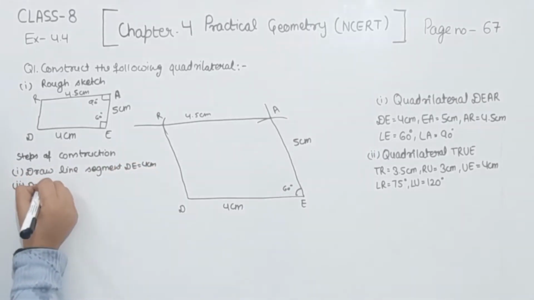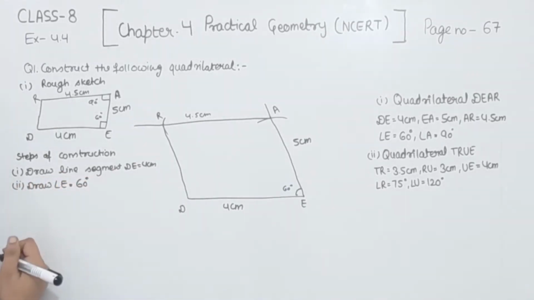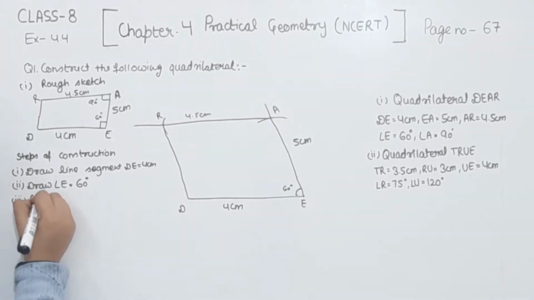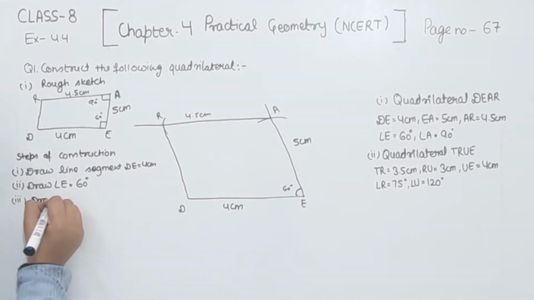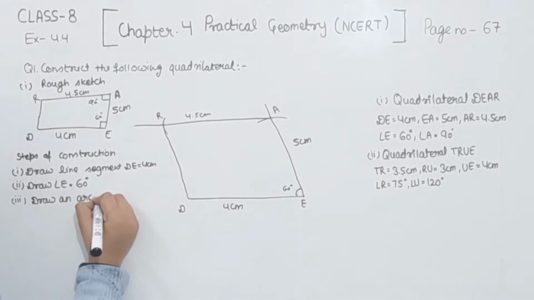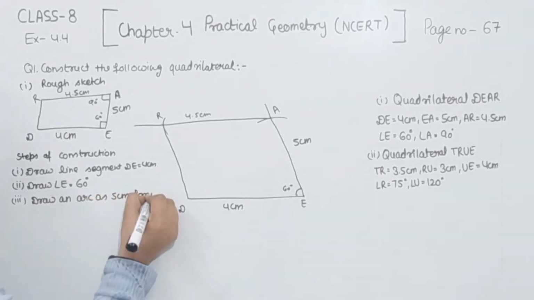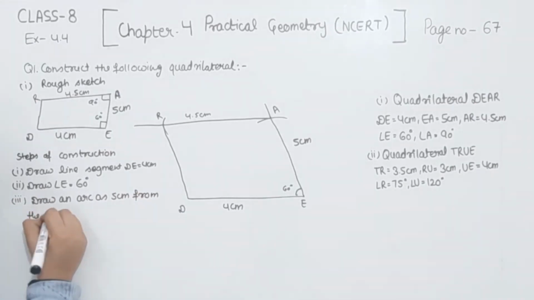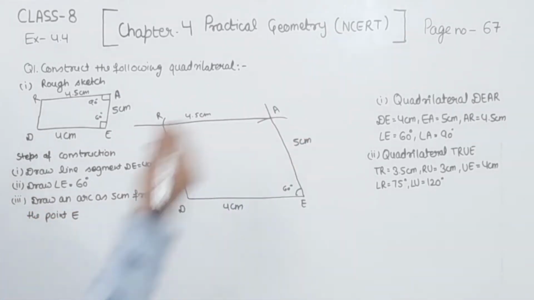Now we are going to draw angle E is equal to 60 degree. Now we are going to put, or you can write here, draw an arc as 5 centimeter from the point E. So we are going to draw the arc.